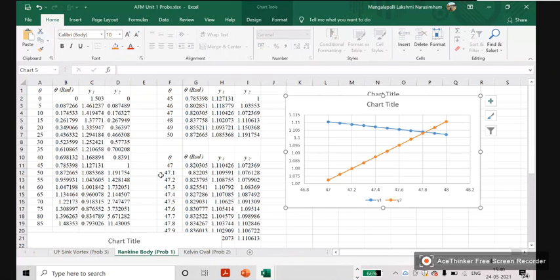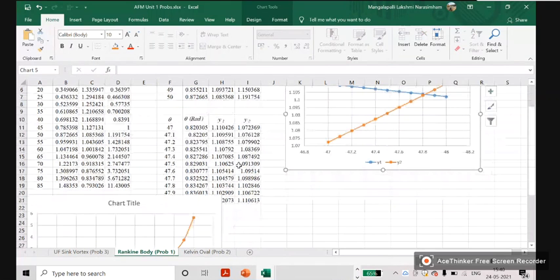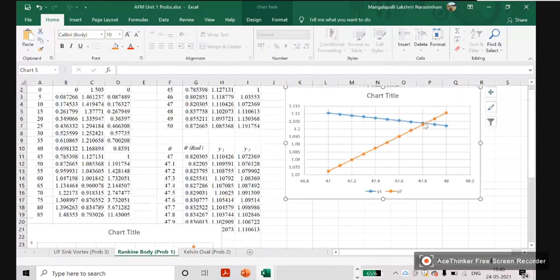So what I have done next is, I have further used 47 to 49. So I got exactly at this particular point, 47.8.